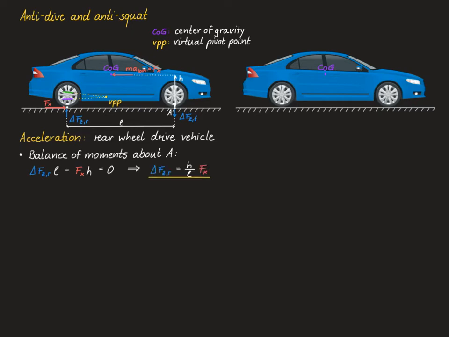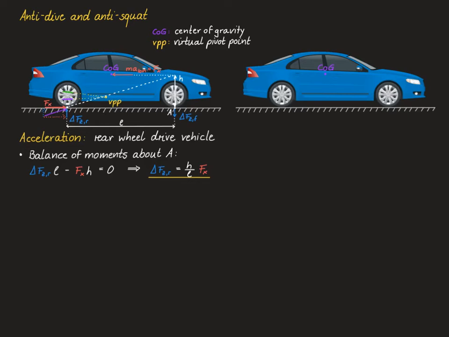And therefore, delta FCR, the additional vertical tire force at the rear tires, equals h divided by L, where h is the height of the center of gravity and L is the wheelbase of the vehicle, times the longitudinal tire force Fx. So what this tells us is that there's always a fixed ratio between the longitudinal tire force and the additional vertical tire force that's incurred by the longitudinal tire force.